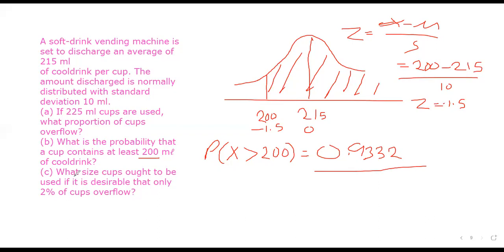Now, the last part is what size of caps ought to be used if it's desirable that only 2% overflow. A question: didn't we say when we're told at least it's supposed to be greater than or equal to? So we just use greater than, not greater than or equal to; it's okay.